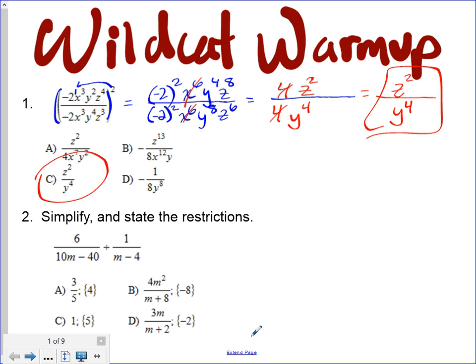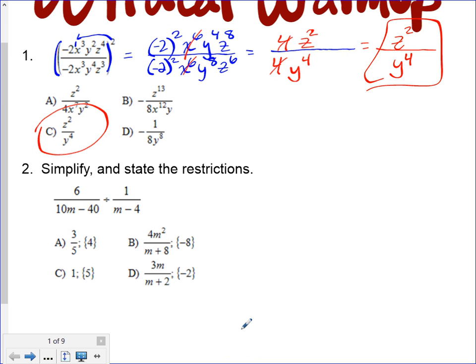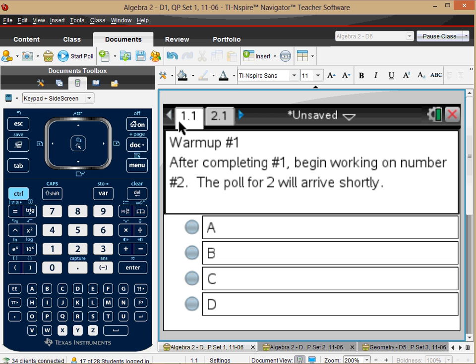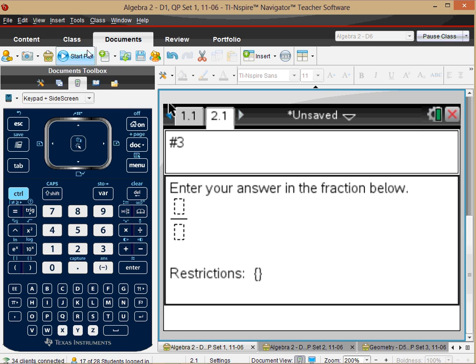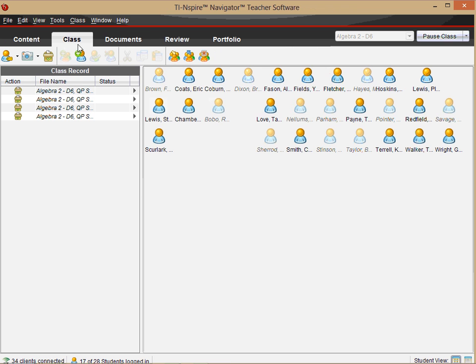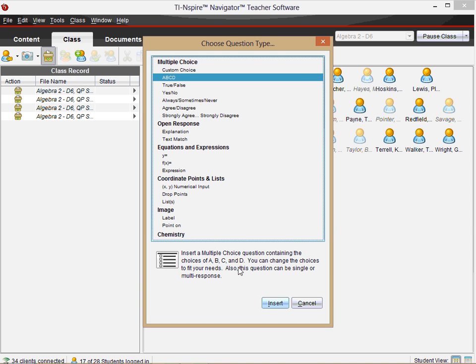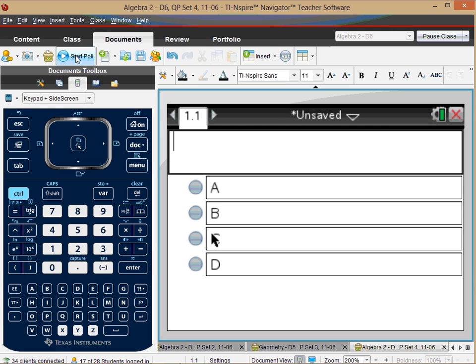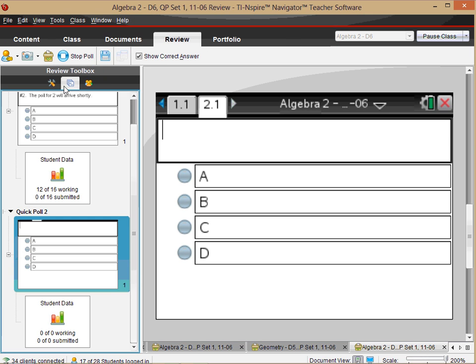Number 2, simplify and state the restrictions. Let's see what you said here. I'll give you 20 seconds to get your answer in.